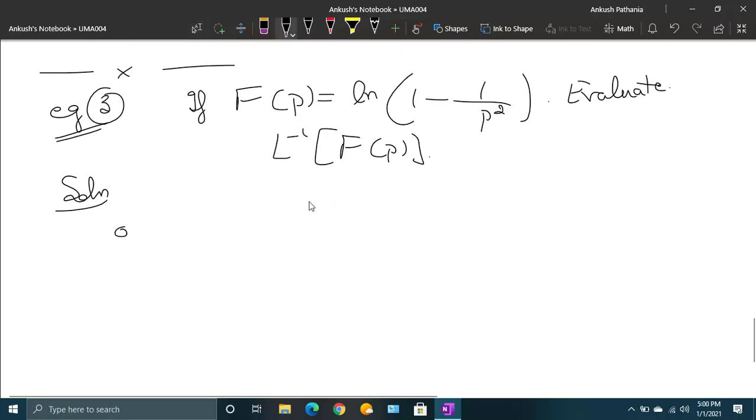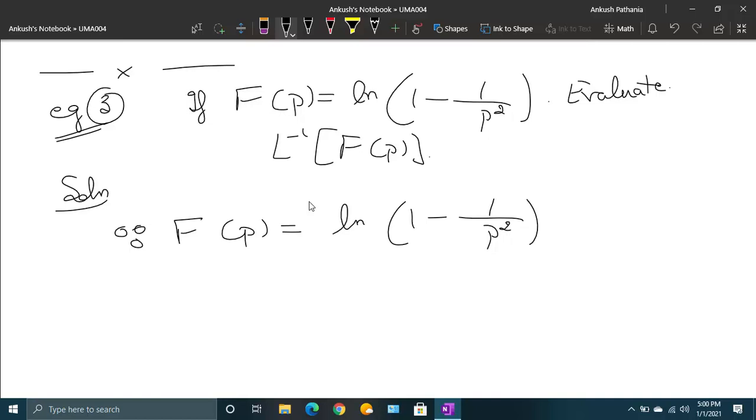You have been given F(p) and you need to find the Laplace inverse. Since F(p) here is ln(1 minus 1 upon p square), even in this form you can't do much with this Laplace. So now you can differentiate, as we did in our other examples.